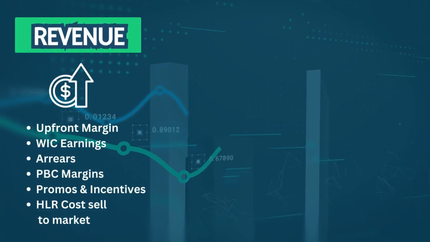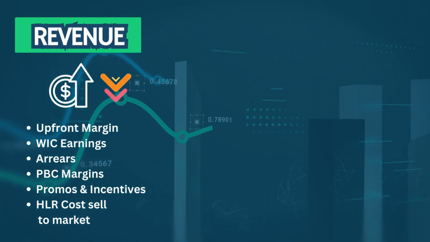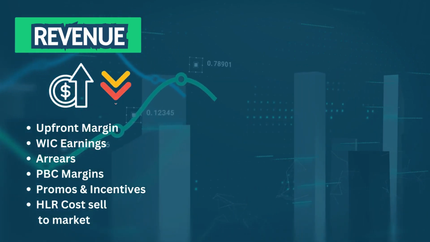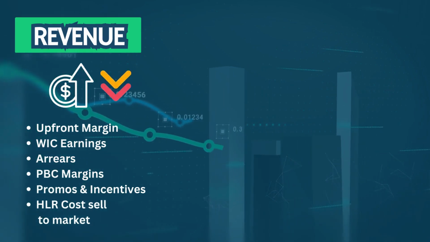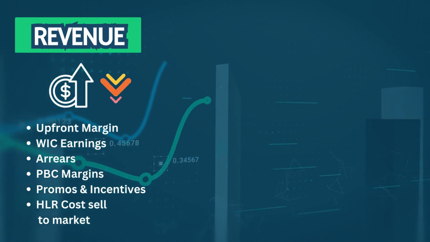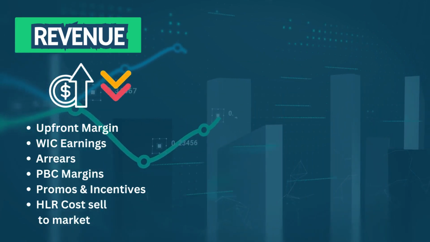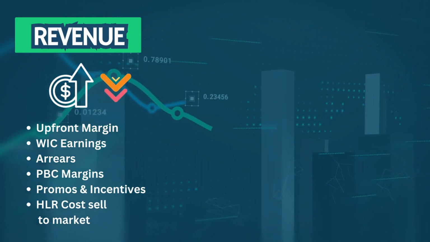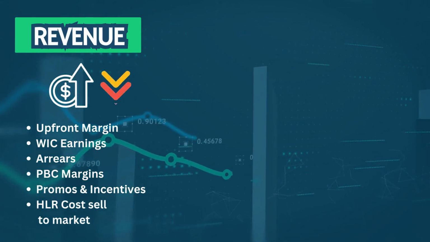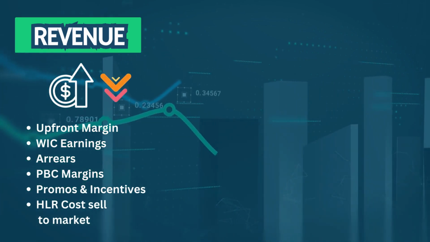So, the first component of the ROI formula is revenue, and this is the money which is coming from different streams. In the telco business, there are multiple ways through which we can earn revenue. For instance, upfront margin, which is 1% of conventional loading. Then we have WIC earnings. It's a pure CS based earning, which one earns by selling the BYN or maybe doing SIM replacements. Then we have arrears.